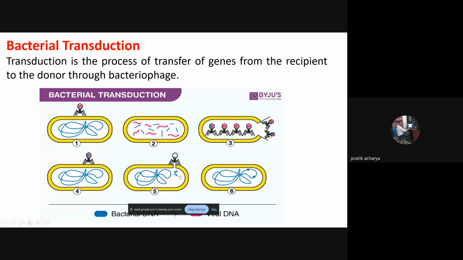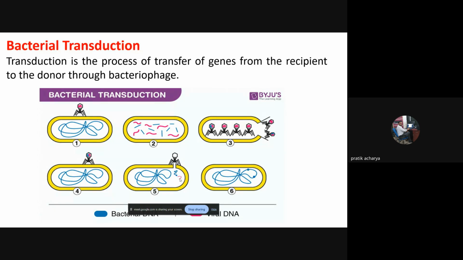When this manipulated DNA, meaning mutated DNA, again comes in contact with the recipient bacterium, which was earlier not infected, they infect the next group in the same manner, by manipulation of this structure. Both the things are manipulated, this one and this one also.